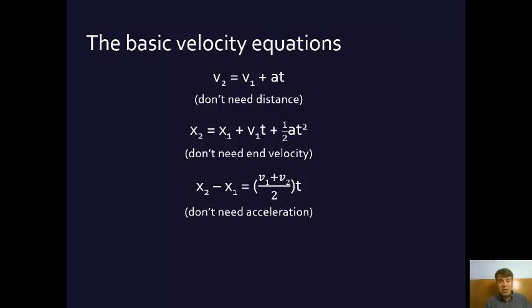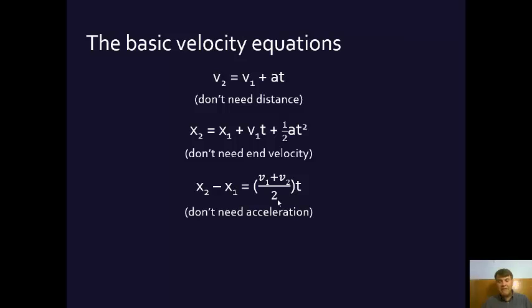This again makes sense. x2 minus x1 is simply the amount of distance covered. v2 plus v1 divided by 2 is simply the average velocity. Average velocity times time is going to give you the amount of distance covered, which is x2 minus x1. So this formula makes perfect sense if you think through it.